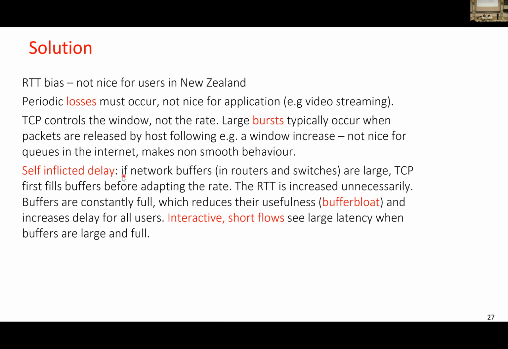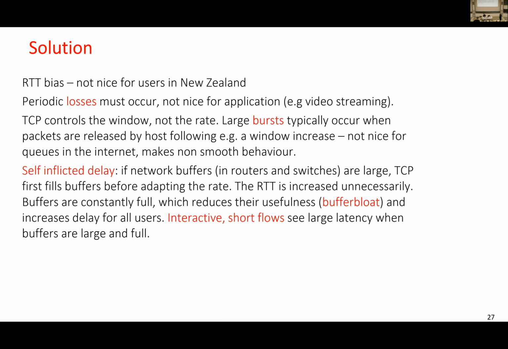Now, a large delay is bad for lots of reasons. But in particular, if you combine on the same link interactive short flows with large bulk transfers, for example you're doing a backup of your Dropbox and at the same time you're trying to watch a video or have a Zoom session, and your router at home has a large buffer size, which is probably the case because buffer size is very cheap, it will probably have seconds or even tens of seconds of buffering.